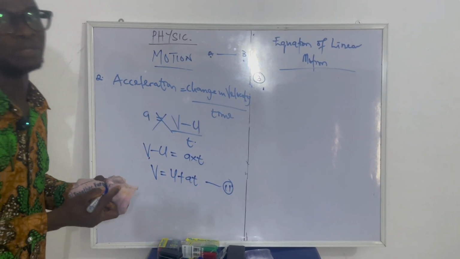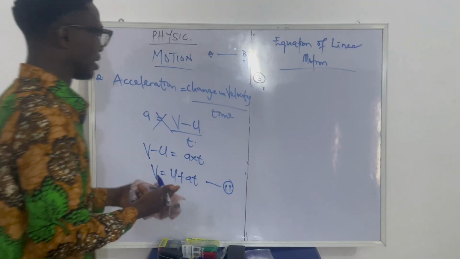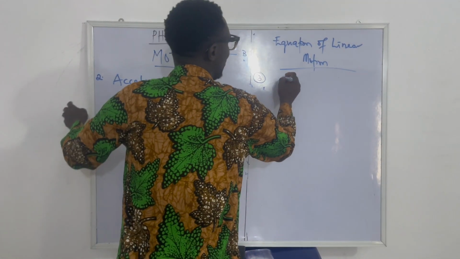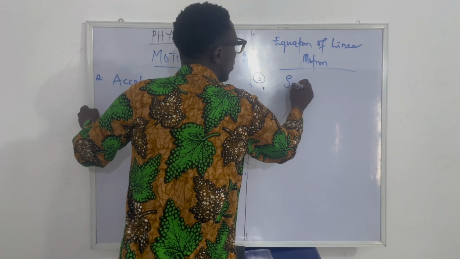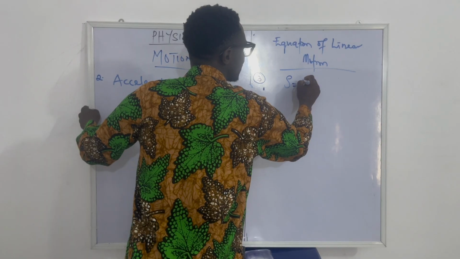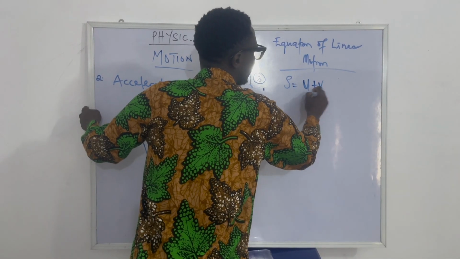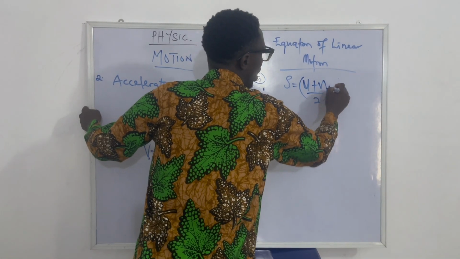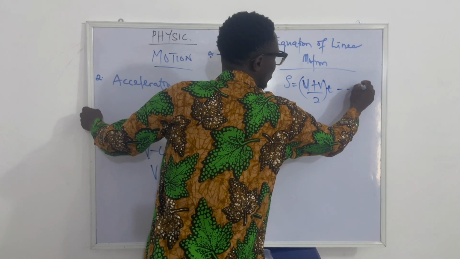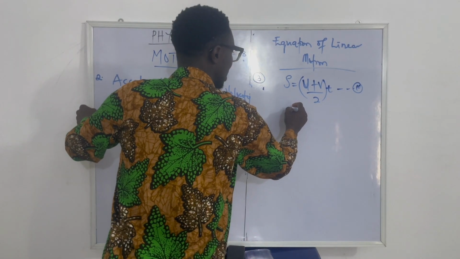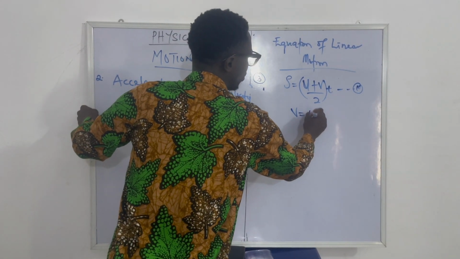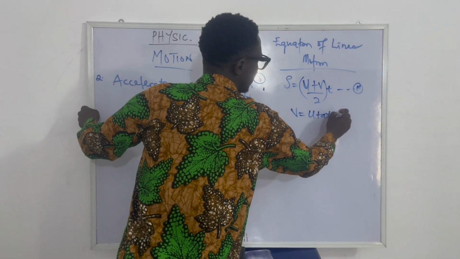Equation 1 is x equals (u plus v) over 2, all into t. Equation 2 is v equals u plus at.